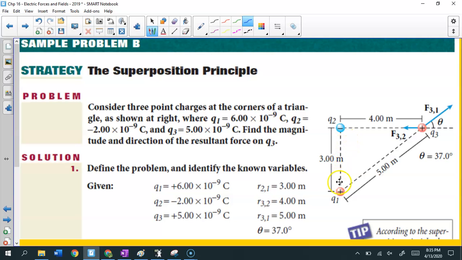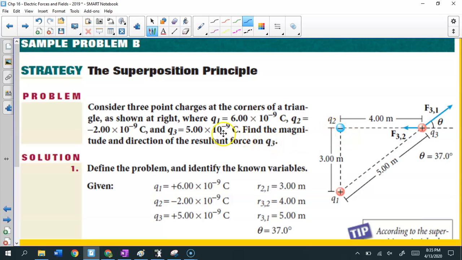But here's a few things I will tell you. We do know the charges of each one of them, right? The first one is a positive 6 times 10 to the power negative 9 coulombs, the next one is negative 2, and the next one is positive 5. The positives have been labeled in red, and the negatives have been labeled in blue.